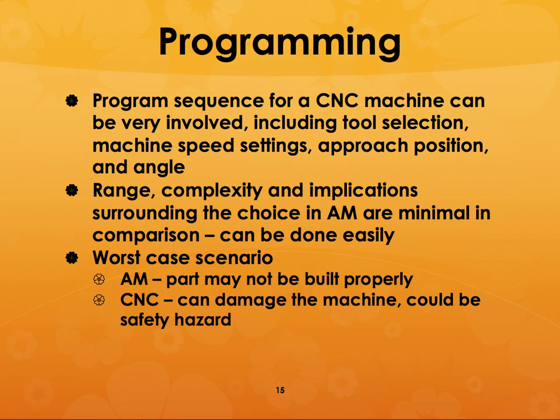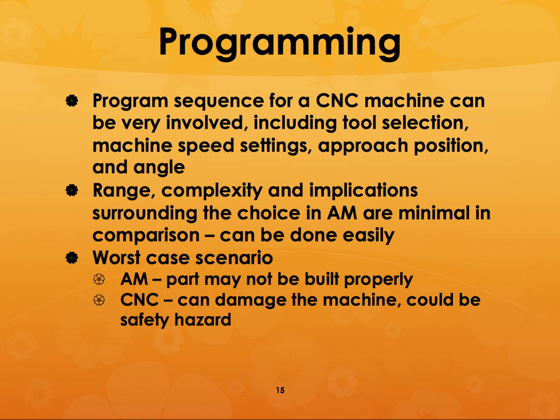So if the machine can define how the part is going to be, that's going to be difficult. And the range, complexity, and implications in additive manufacturing are pretty minimal compared to CNC machining, and this can be done pretty easily.